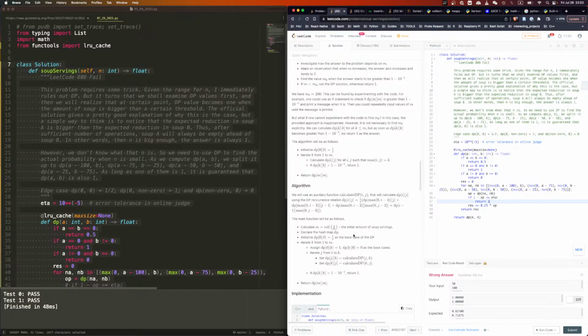Oh, compute. Hold on. I think we have to compute everything, right? We have to compute everything, but at a certain point, if we encounter a 1.